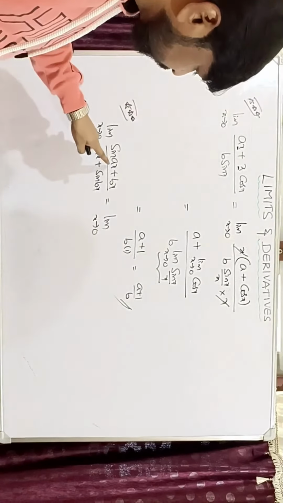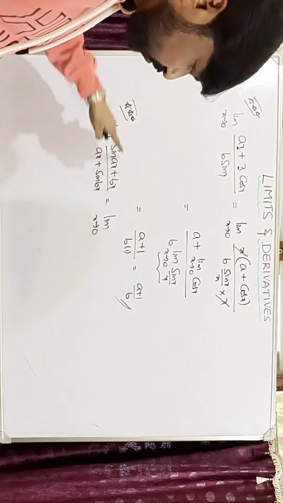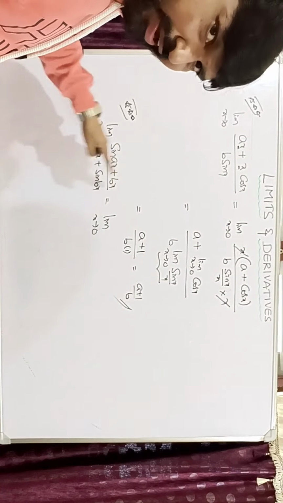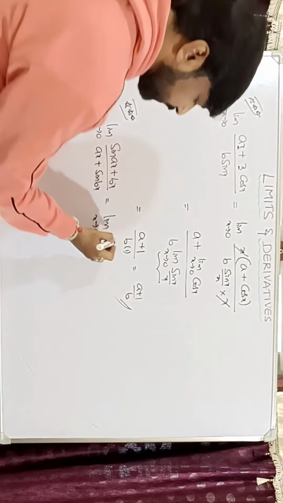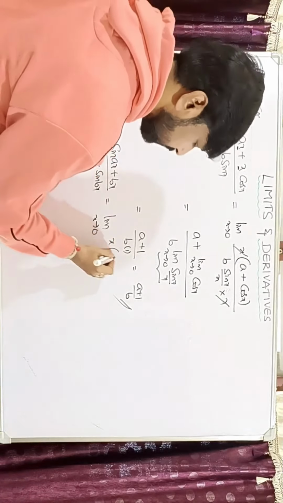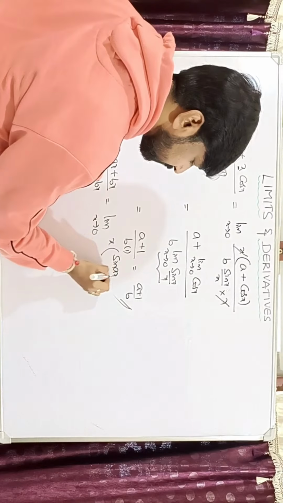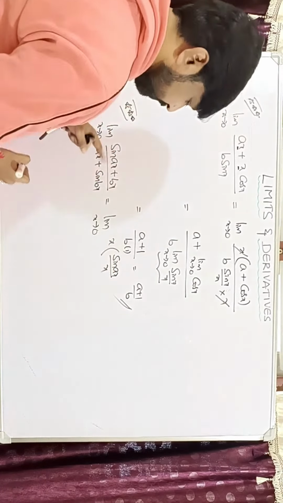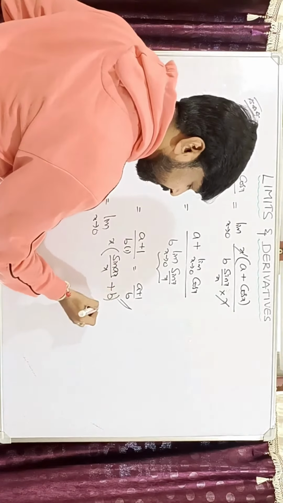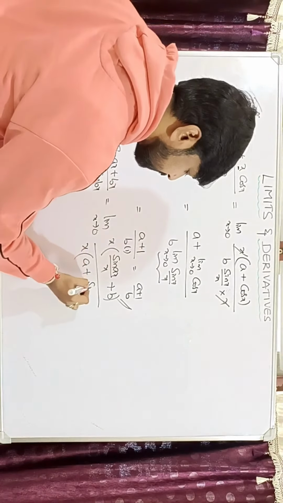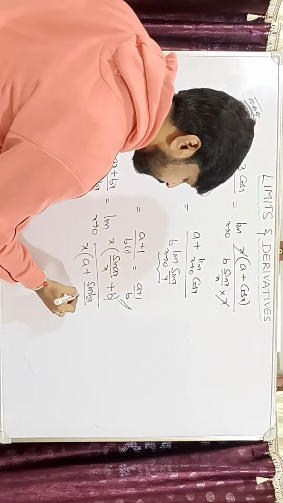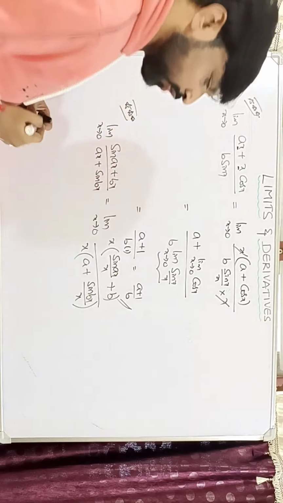If you take 0 directly, sin 0 is 0, b into 0 is 0, it is 0 by 0, undefined. So I am going to take x common in the numerator as well as in the denominator. x common: (sin ax by x plus b) by (a plus sin bx by x). I hope you understood.